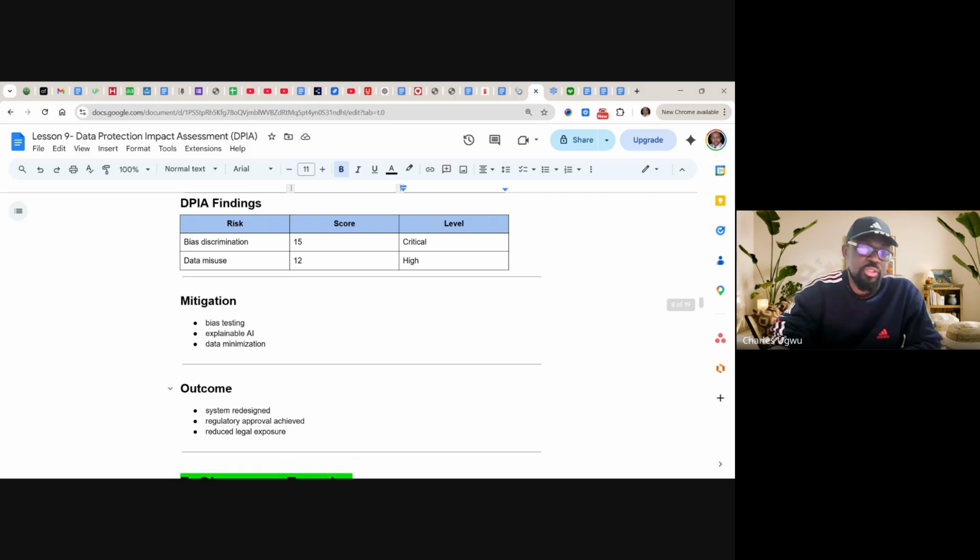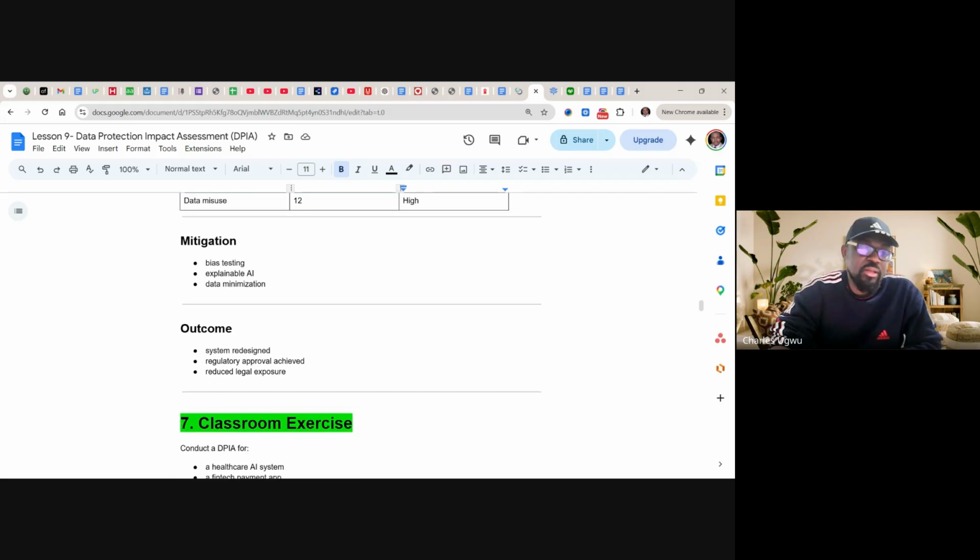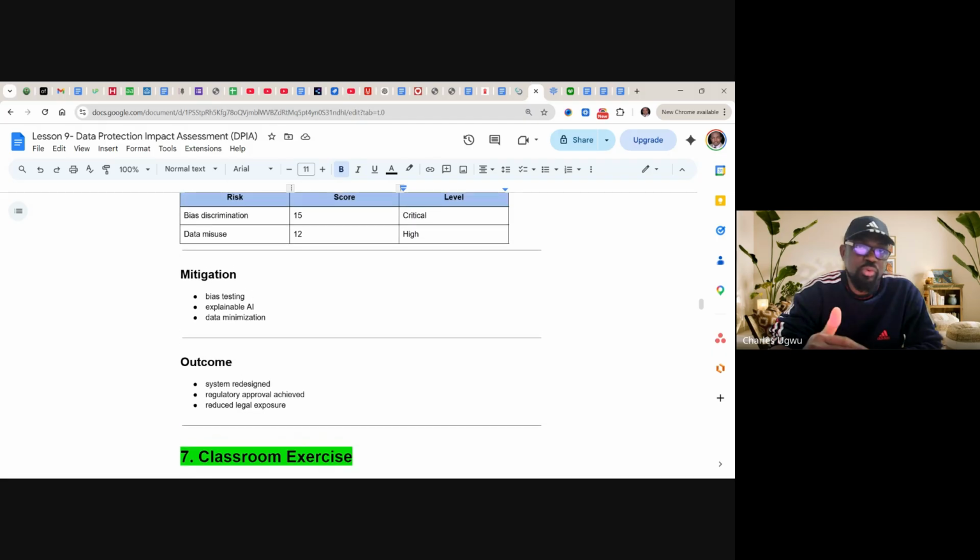And the outcome is system redesign, regulatory approval achieved, and reduced legal exposure. So the main thing here is to prevent it from happening. We've not started collecting data, but we carry out the assessment to make sure we understand the risk involved and see how we are going to dodge any kind of risk, reduce the risk.